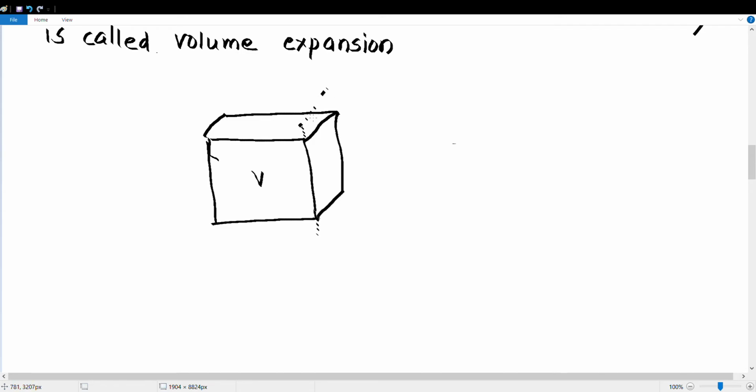Now the new cube is shown by these dotted lines. This is the new cube which is shown by the dotted lines.